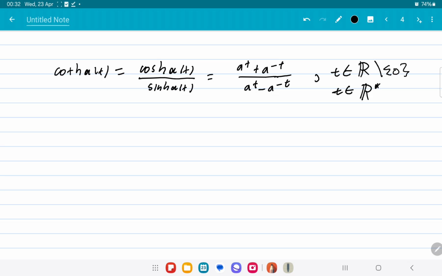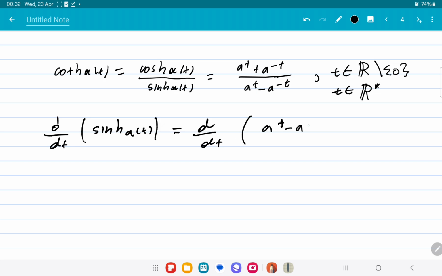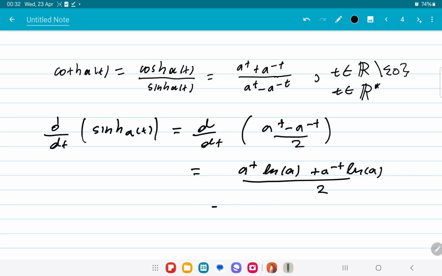Okay, so let's say that we want to take the derivative of sine hyperbolic of a t. That's the derivative of this expression. I can differentiate the numerator and I will get a to the power of t ln a, and the differentiation of the second term is going to be plus a to the power of minus t ln a, divided by 2.